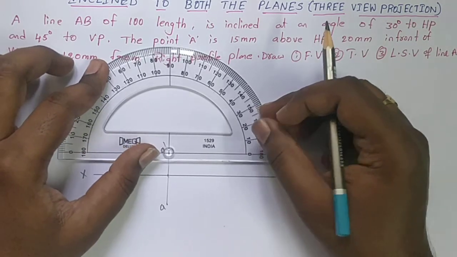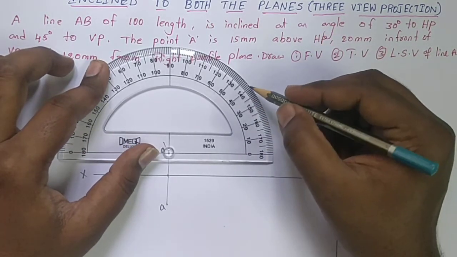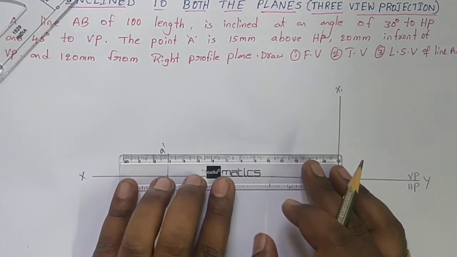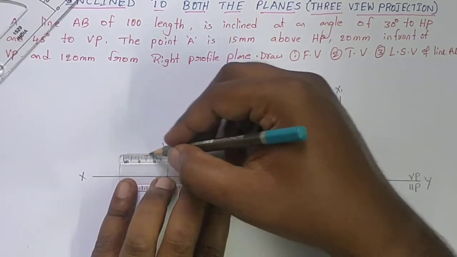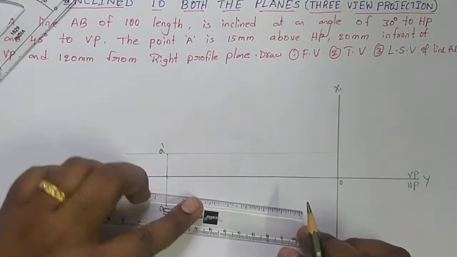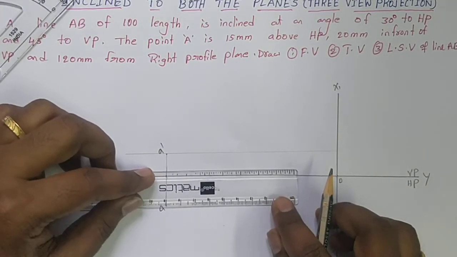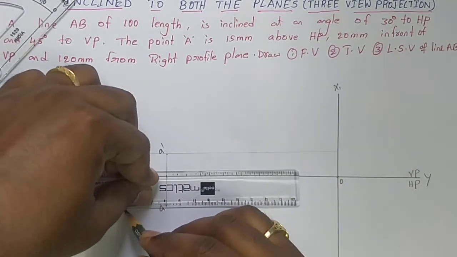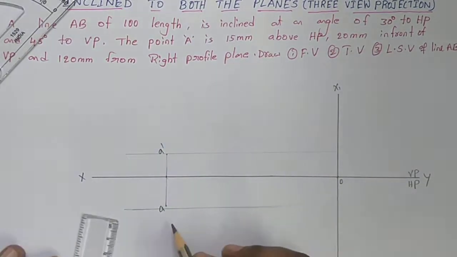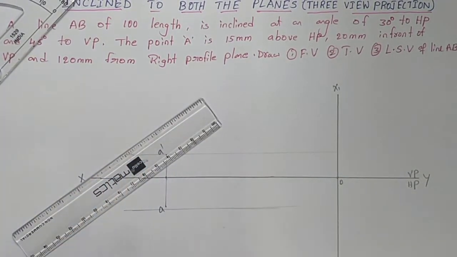Draw the 30 degrees line. First we need to draw the locus of this line. Similarly here also, it is the locus.